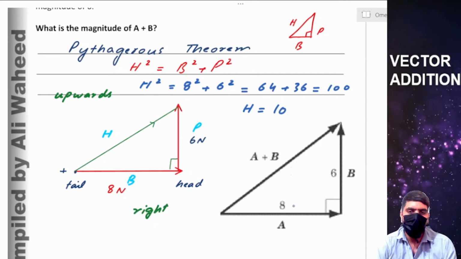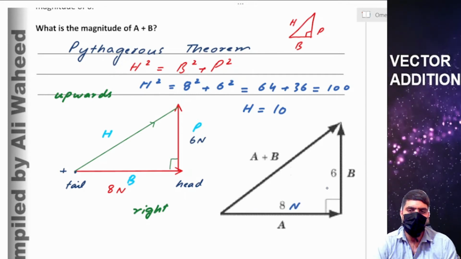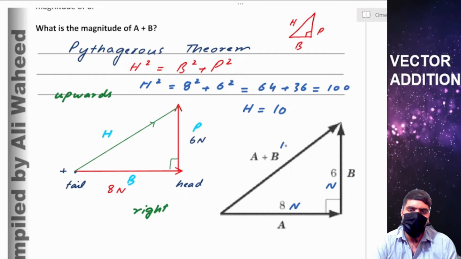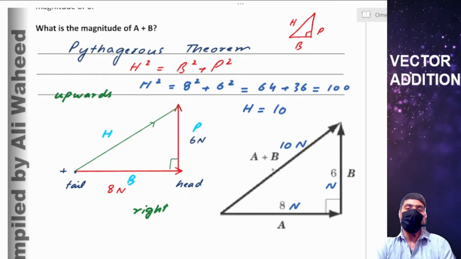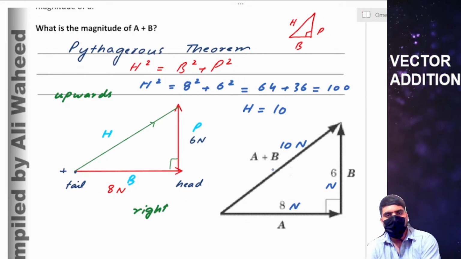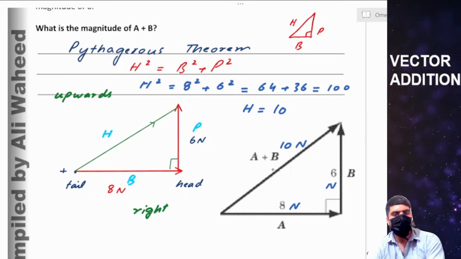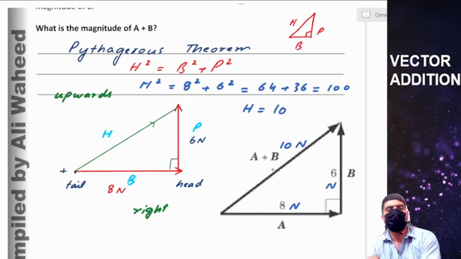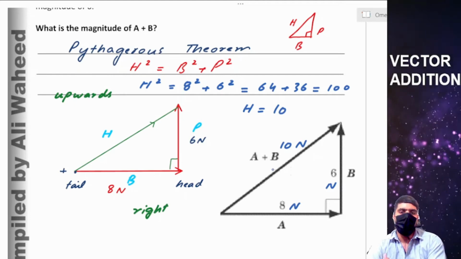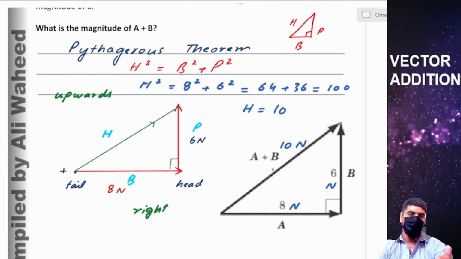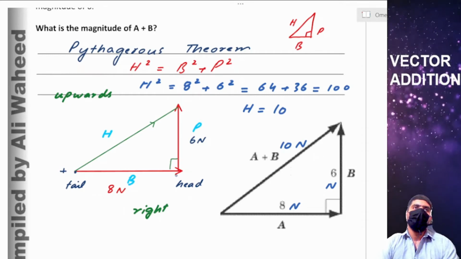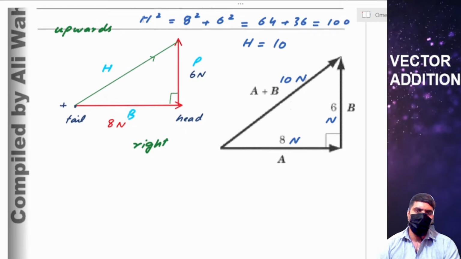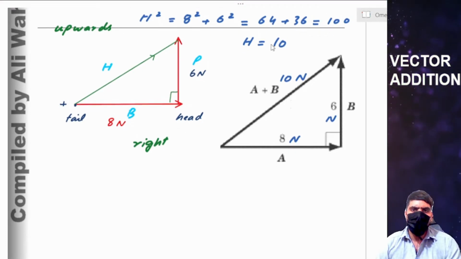And if these are forces, all of these are forces, then the answer for a plus b, or for the resultant vector, would be 10 Newton. And in terms of direction, you can say it's in the top right corner. And if you want to use a mapping system, you can say it would be northeast, because for the map we follow a convention.